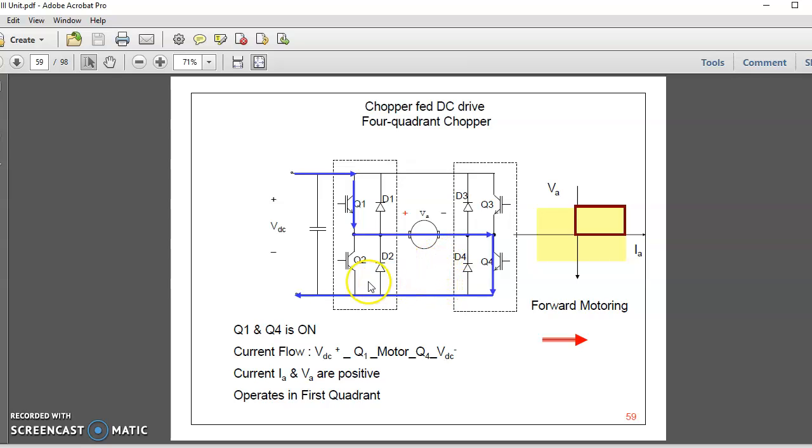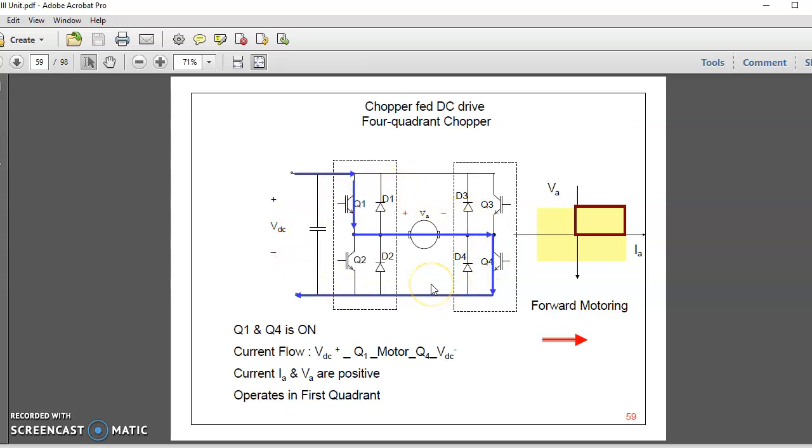In the motoring mode, or first quadrant mode, Q1 and Q4 are on. The current direction is from the positive terminal of the battery, then Q1, then the motor, then Q4 and the negative terminal of the battery.